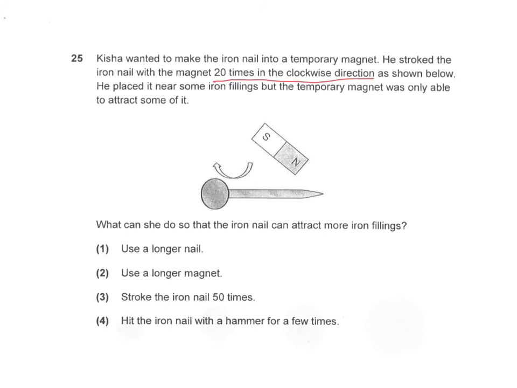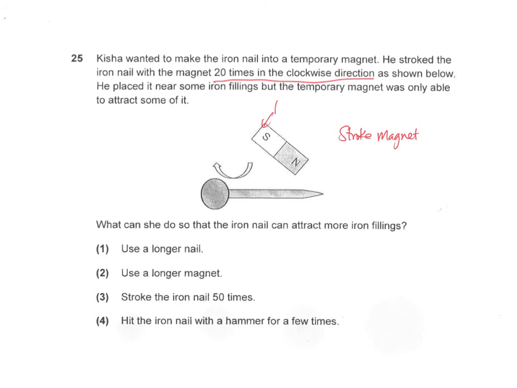So what can Krishna do so that the magnet can attract more iron filings? Before going into this question, we must know that this is called the stroke method of making a temporary magnet. The previous method that we talked about to make a temporary magnet is the electrical method. Here, this is a stroke magnet.